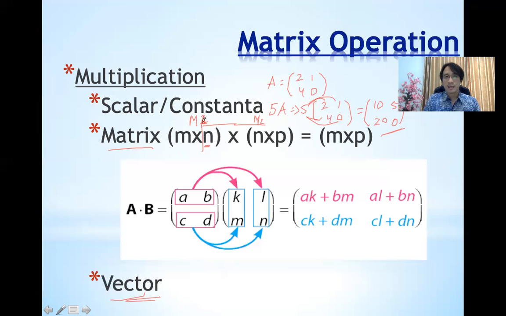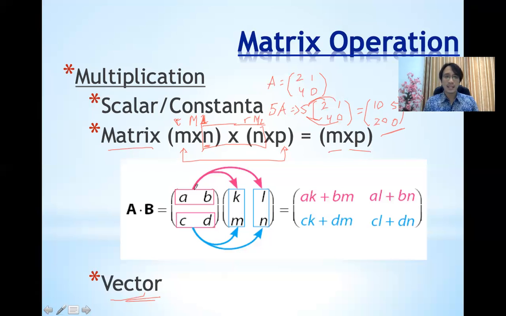So the columns in matrix 1 must equal the rows in matrix 2. And the result is the front and the back, or rows in matrix 1 times columns in matrix 2. M times P. This is the result.